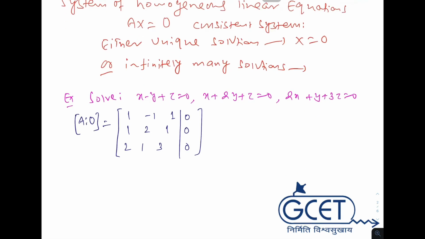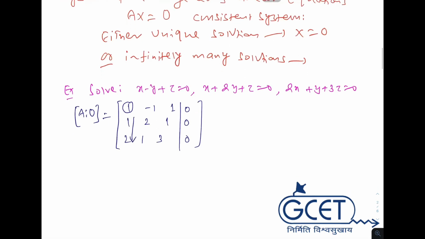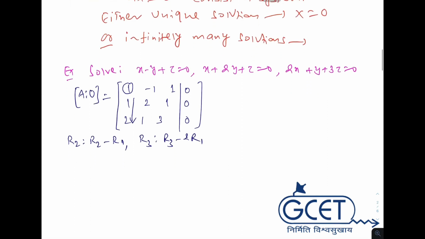So all the elements are the coefficients here, the first row, second row and the third row. Now here is a 1, so by using this 1 we can make the entry below 0. So R2 minus R1, R3 minus 2R1. Okay, so now let us have, so it's easy, first row as it is, 1, minus 1, 1 and 0. Now R2 minus R1, so this minus this, so that is a 0.